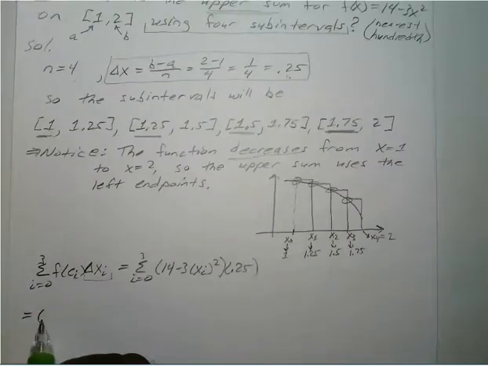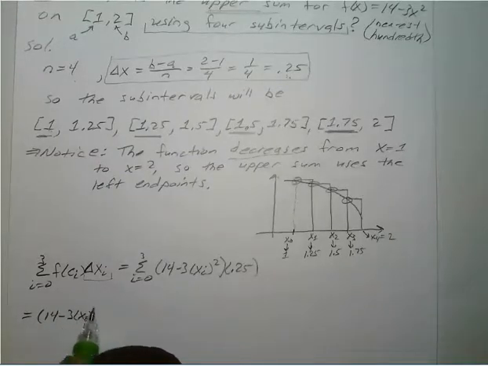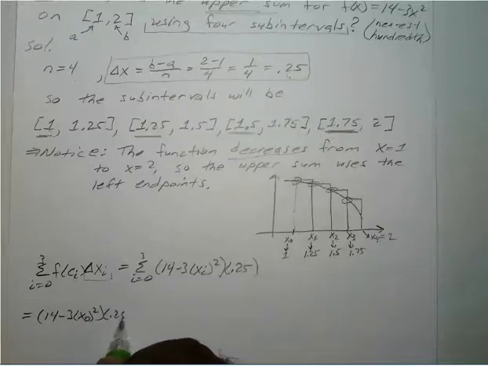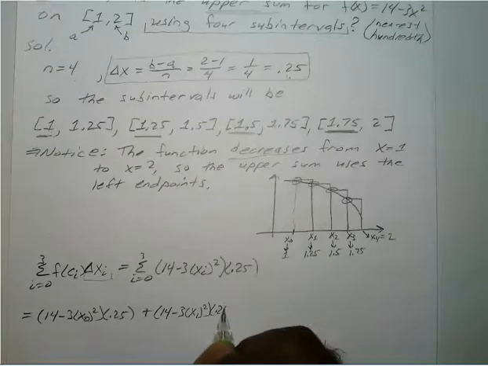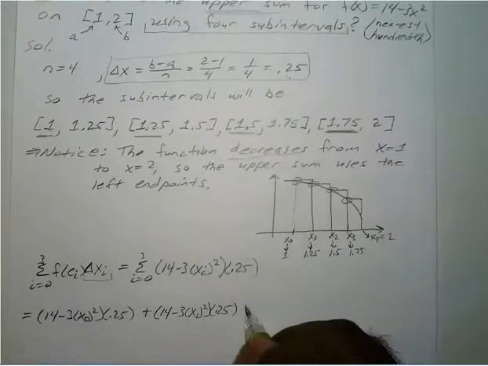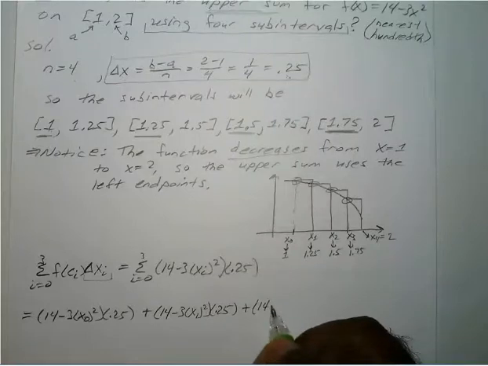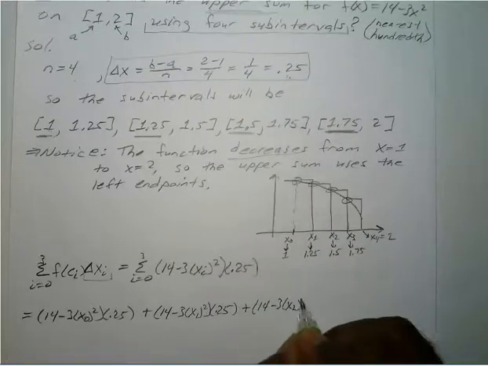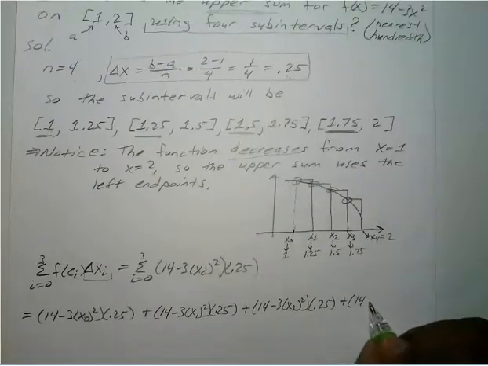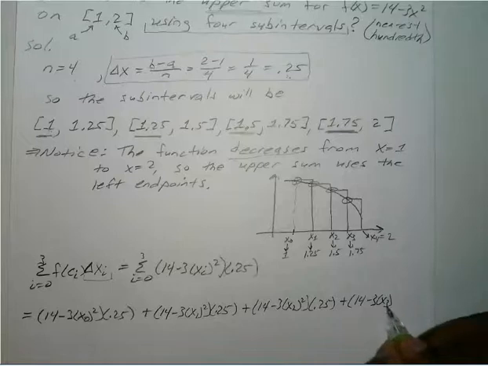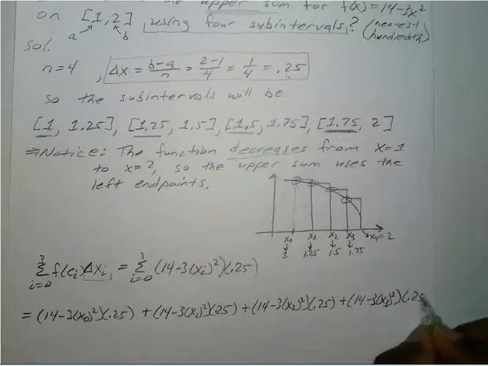Okay, so we have 14 minus 3 x sub 0 squared times 0.25, plus 14 minus 3 times x sub 1 squared times 0.25, plus 14 minus 3 times x sub 2 squared times 0.25, plus 14 minus 3 x sub 3 squared times 0.25.